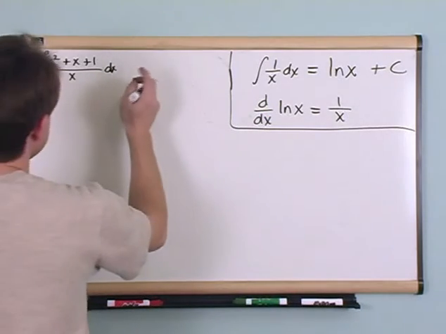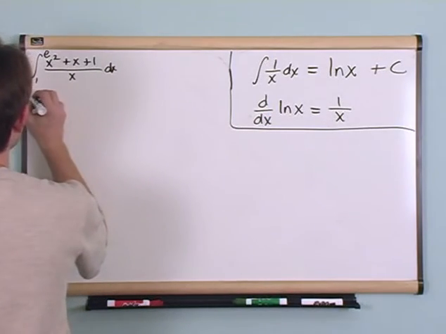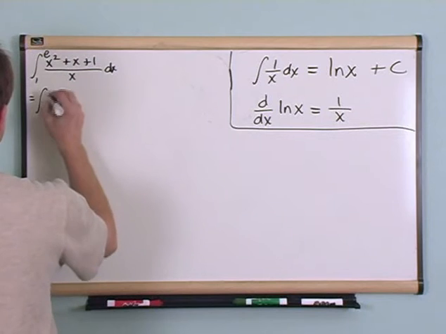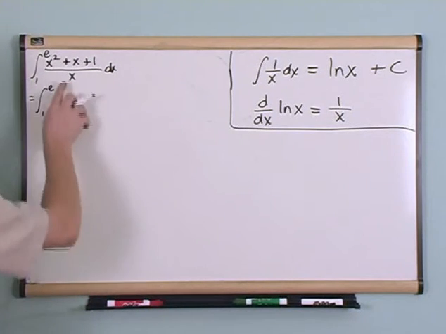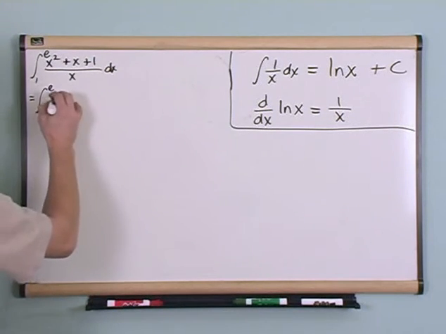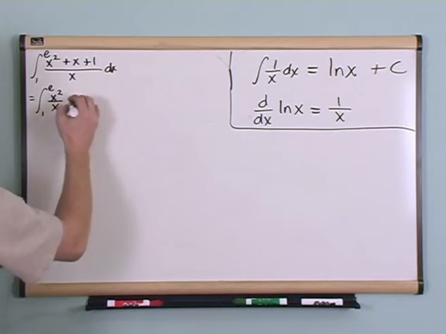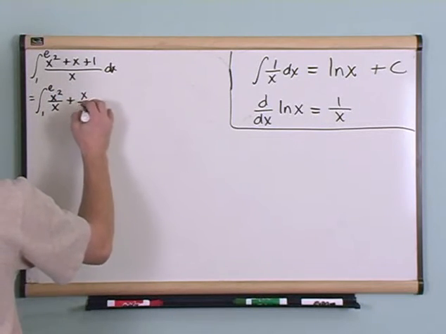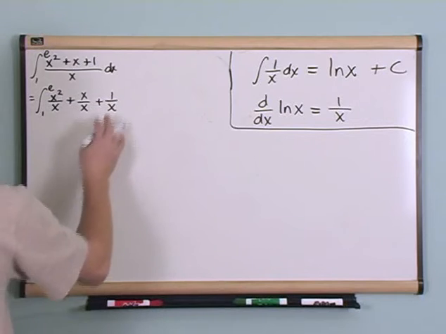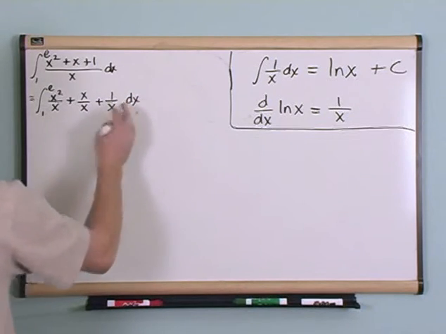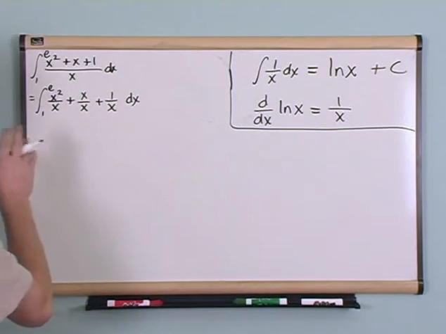So that's exactly what I'm going to do in the next line. I'm going to say, okay, this is the integral from 1 to e of x squared over x plus x over x plus 1 over x dx. And I wrote it like this so that you could clearly see what I'm doing here.